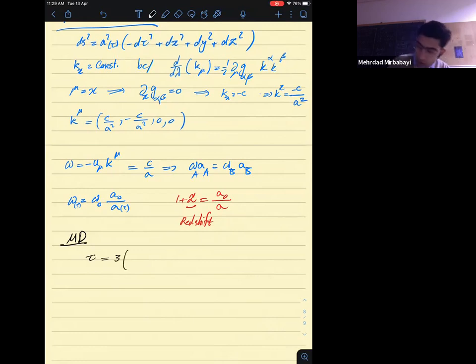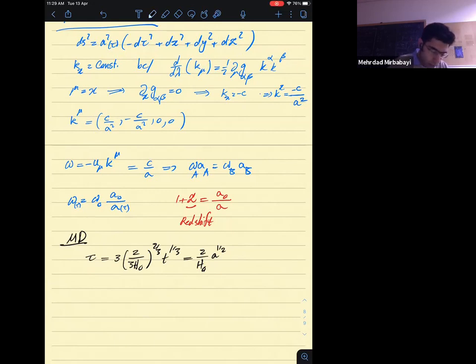I'm just copying it from the previous lecture. It's given by 2/3 t to the 1/3. We can also write tau as a function of the scale factor. So it becomes 2/h0 times a to the 1/2. Note that it has the right dimensionality, because h0 has the dimensionality of 1/time. a is dimensionless, and tau therefore has the dimension of time.